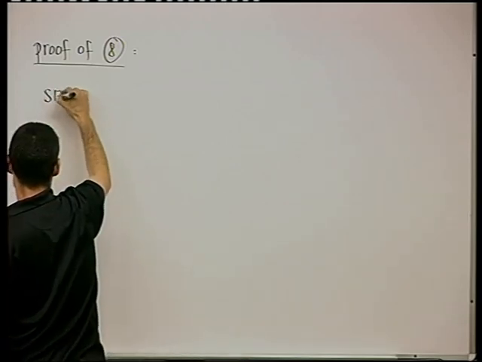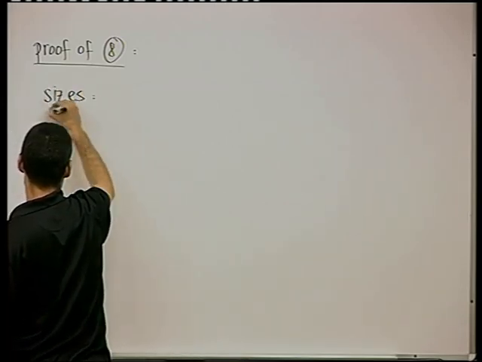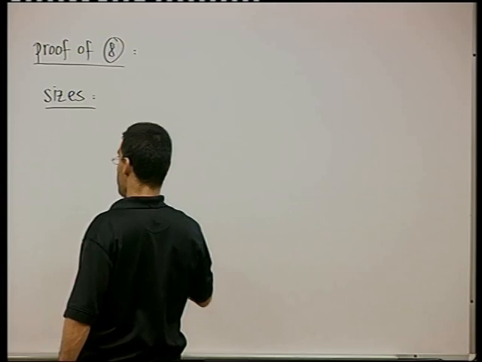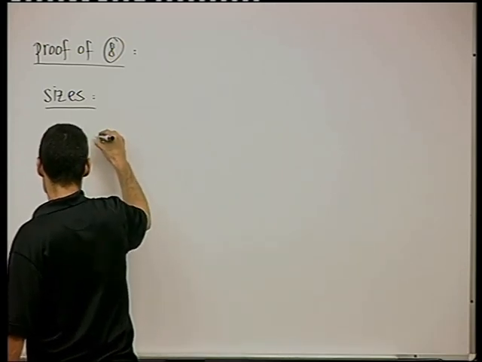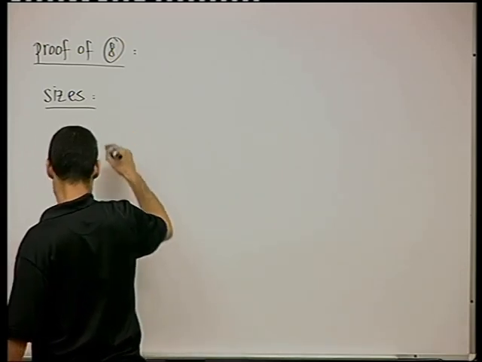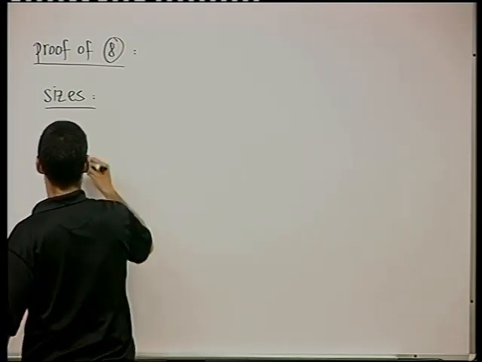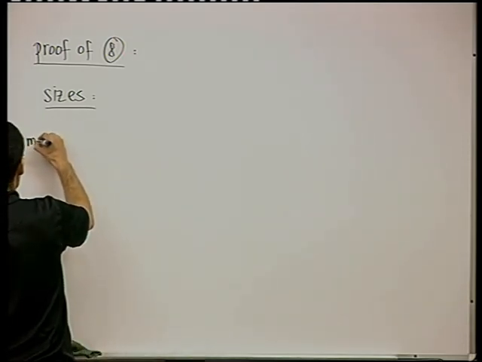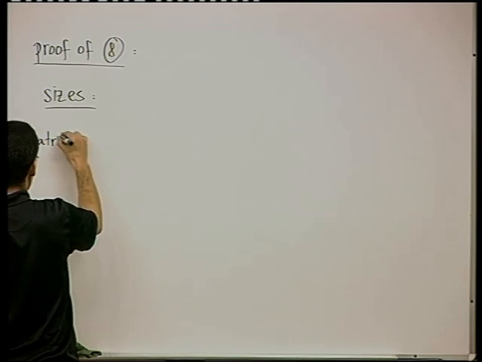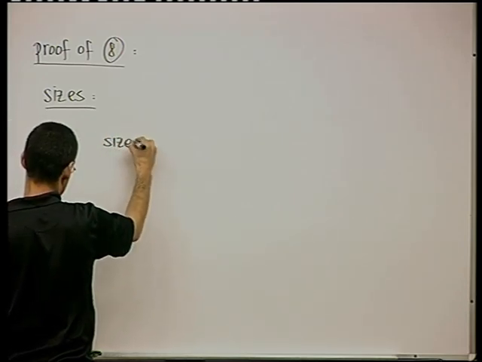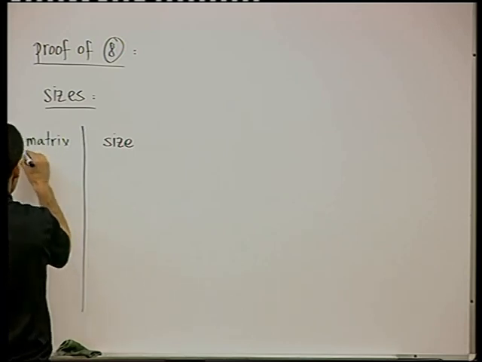So let's first make a size chart. Sizes. So the size of A, let's make a little chart like this. So there's going to be a matrix and a size.